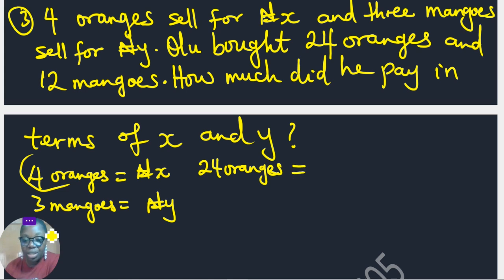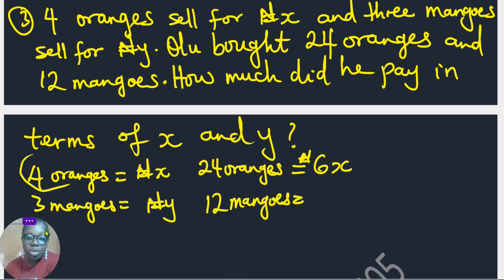So 24 oranges will cost 6x naira. What about 12 mangoes? Since 3 mangoes cost Y naira, when you divide 12 mangoes by 3 mangoes, we're going to have 4. So 4 times Y naira will give us 4y naira.